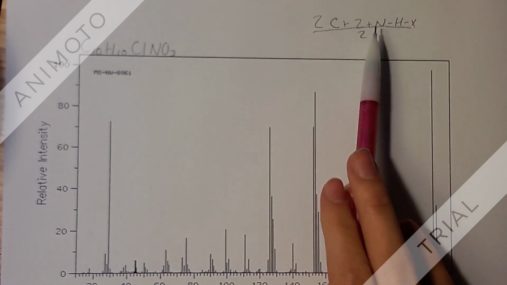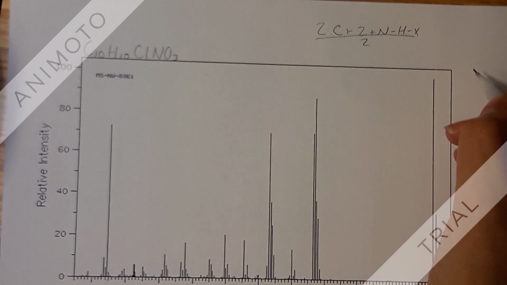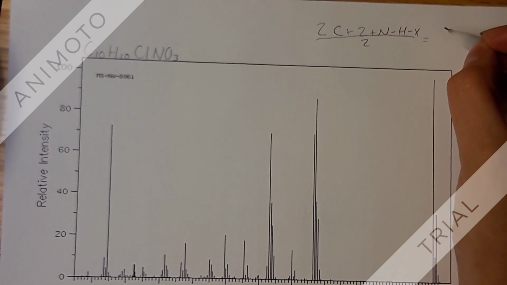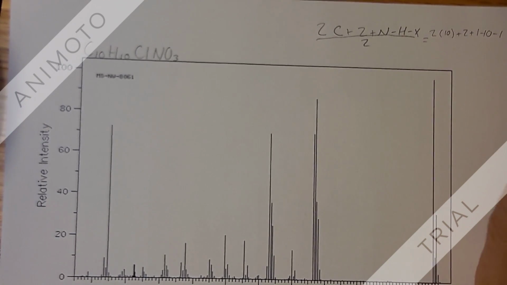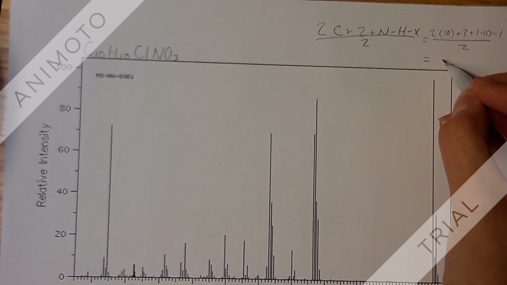C standing for carbon, N for nitrogen, H for hydrogen, X for all halogens. And so, plugging in the right numbers, we get 2 times 10 plus 2 plus 1 minus 10 minus 1, all over 2, and then that equals 6.